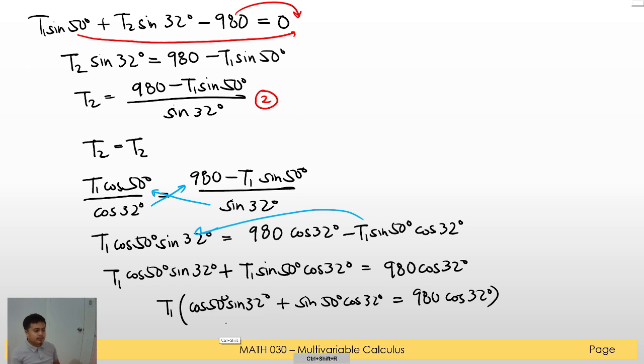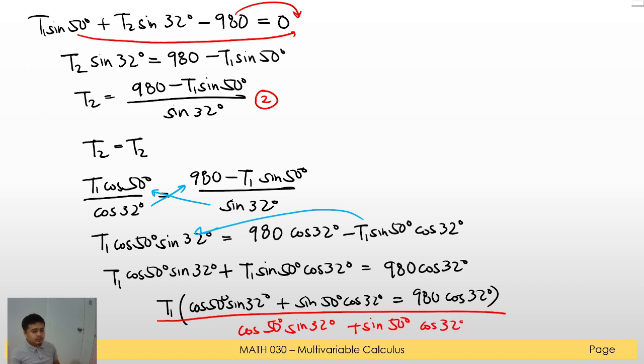And then dividing both sides by this, we have cosine 50 sine 32 plus sine 50 cosine 32.